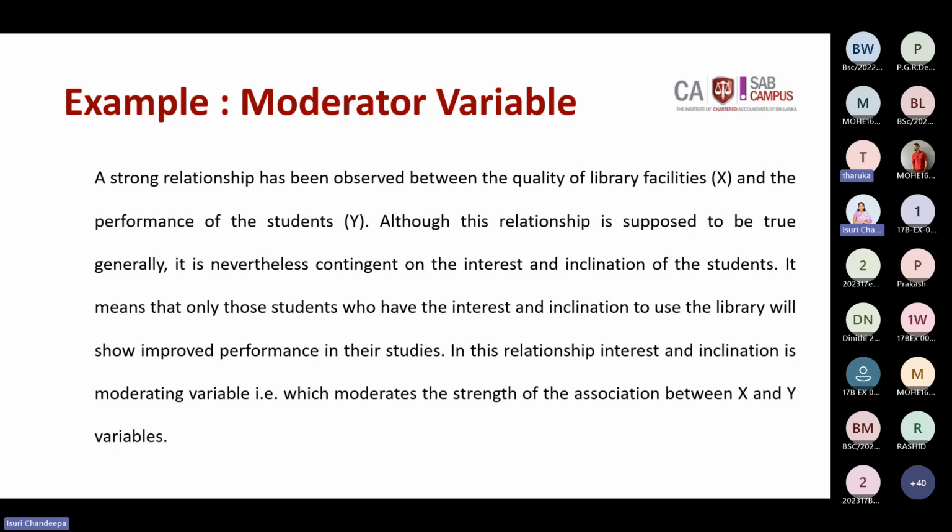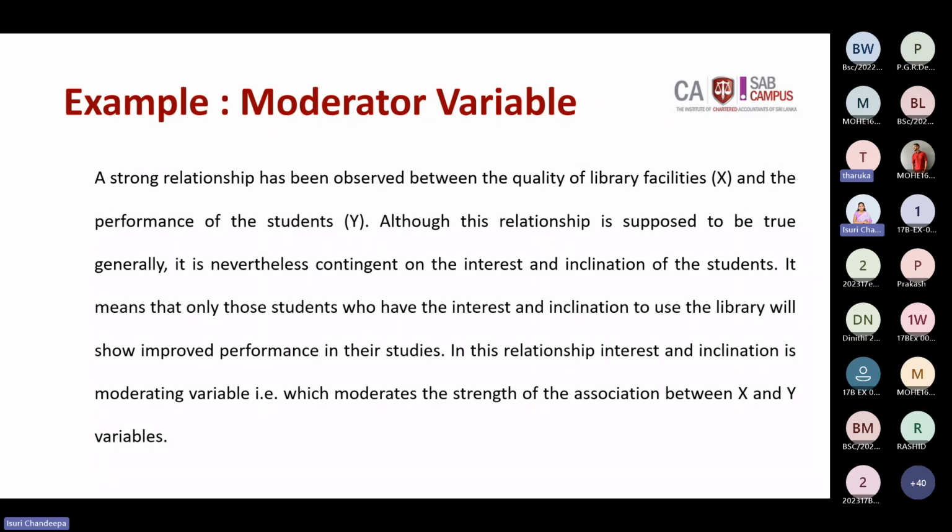So that means interest and inclination to use the library services will definitely create an impact between the quality of the library facilities and their performance, right?